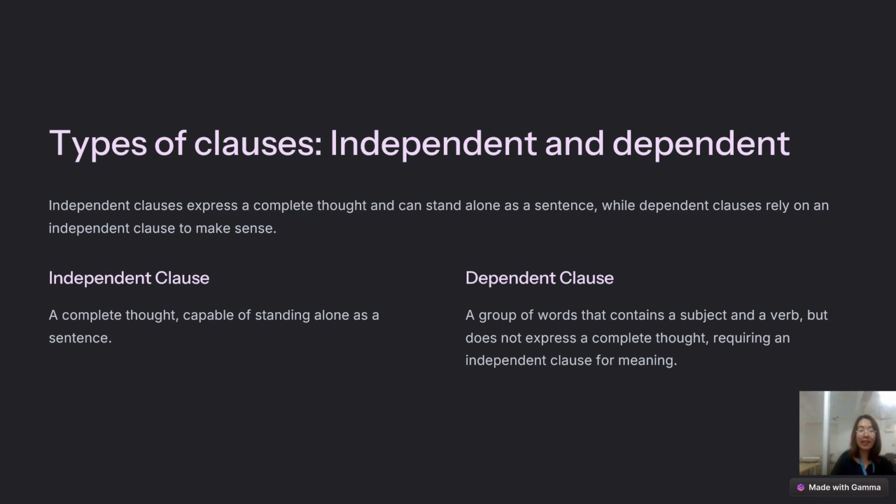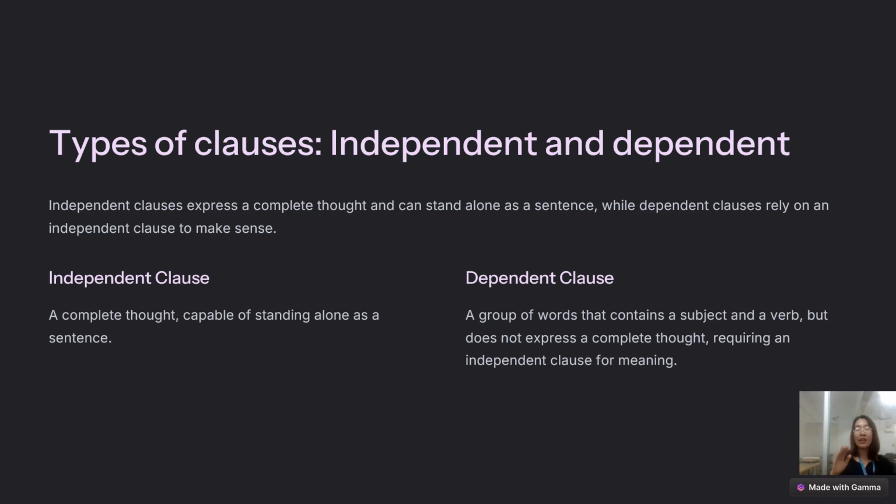But it doesn't express the full idea. We are not getting the full meaning. But when we add an independent clause, like "we went outside," it makes complete sense: when the rain stopped, we went outside. Now it's making sense, yes or no?